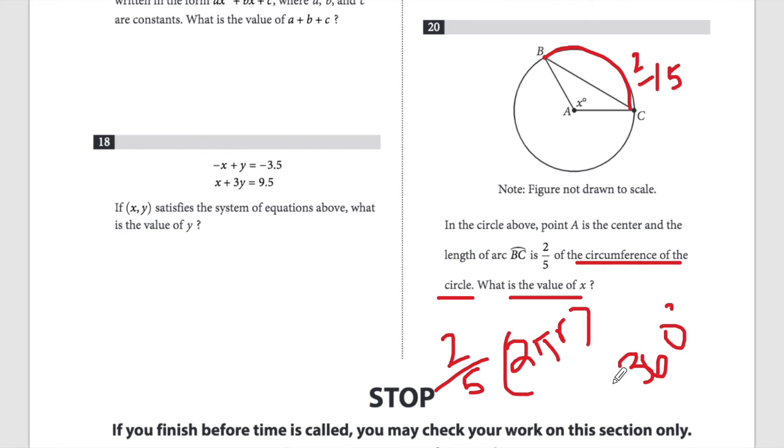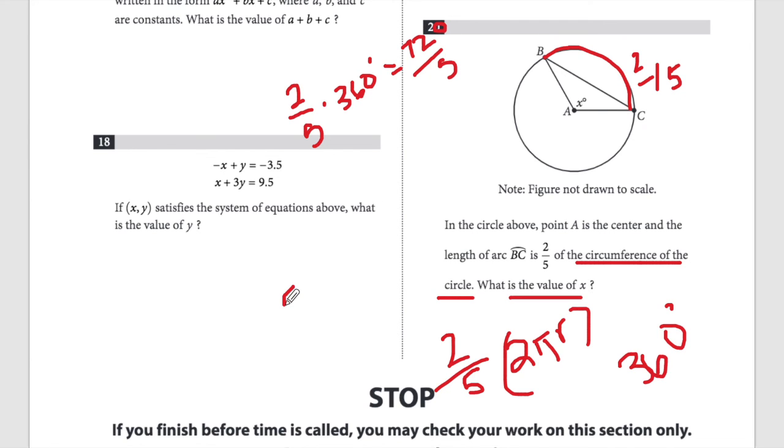I recommend that you just do 2/5 times 360 to see where that gets you first. When you do that, I'm going to multiply on the top, so that gives me 720. And then I'm going to divide by 5.